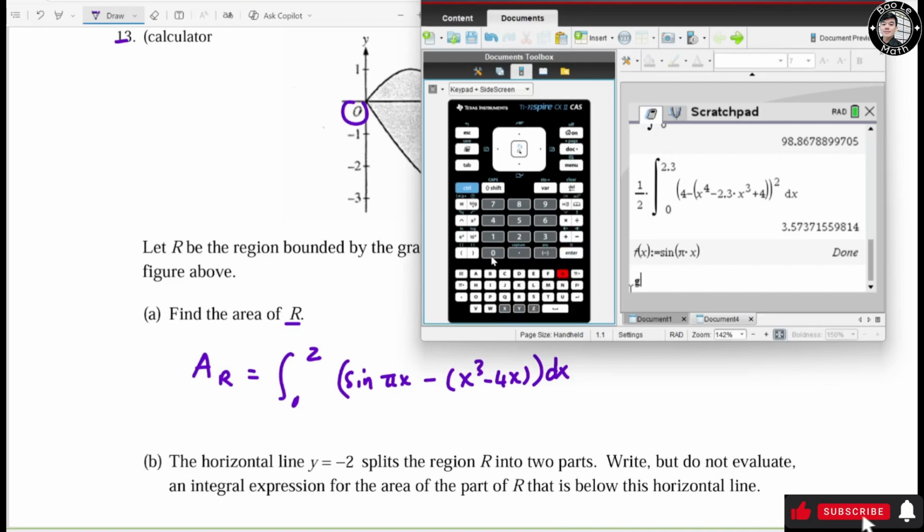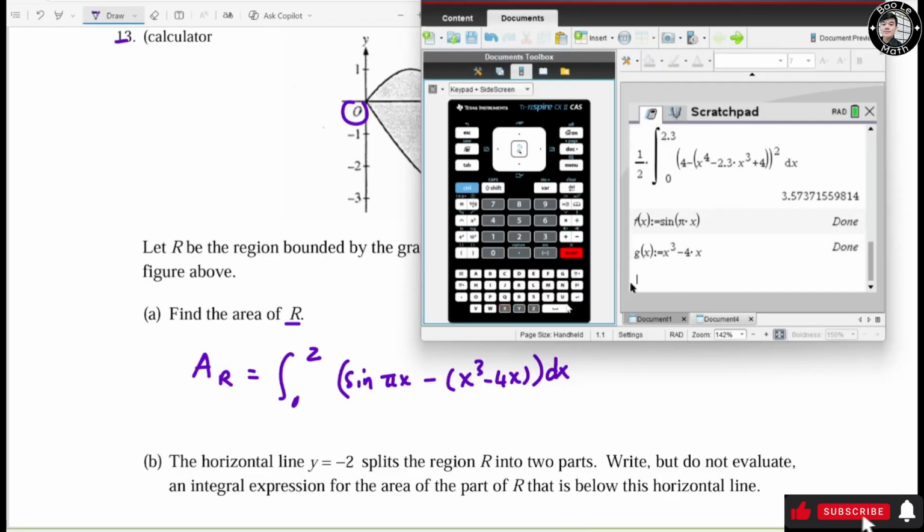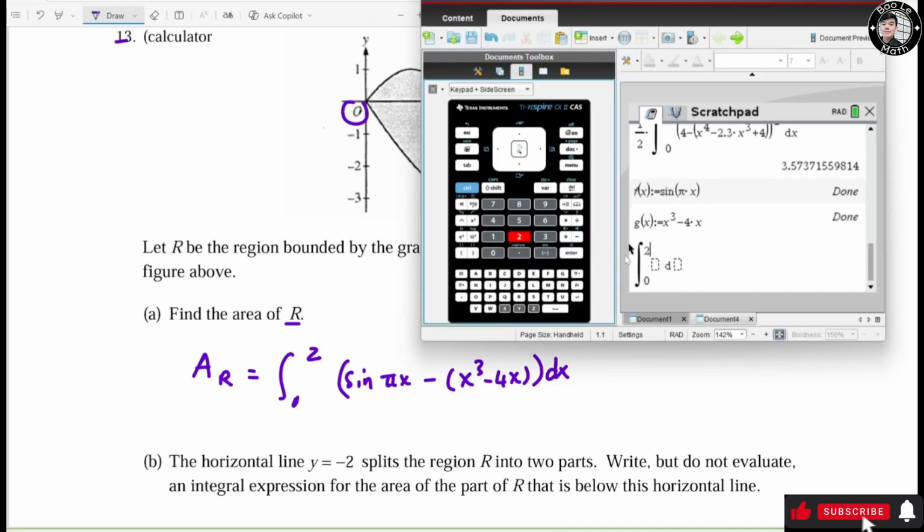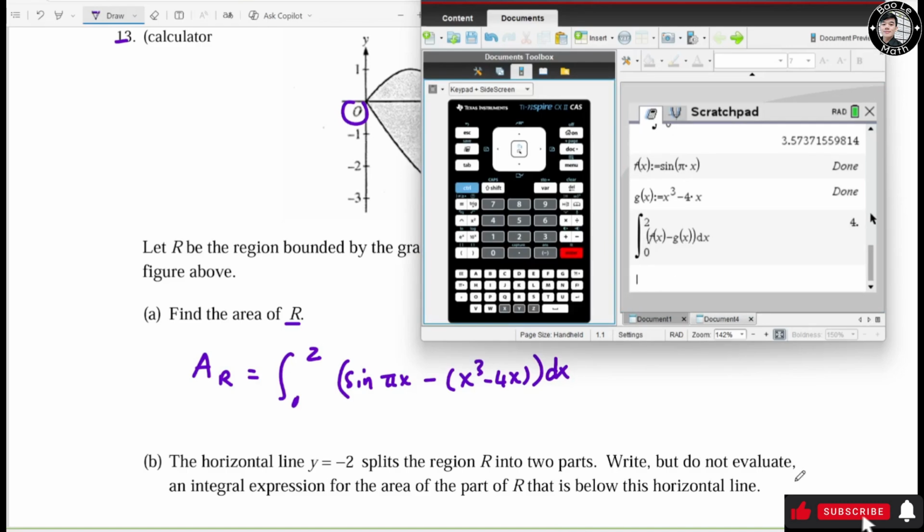So I press g of x, press control and the button right here, input x cubed minus 4x, press enter, right? So now I just hit the button right here, input the integral from 0 to 2 of the difference, enter, it's going to be 4.